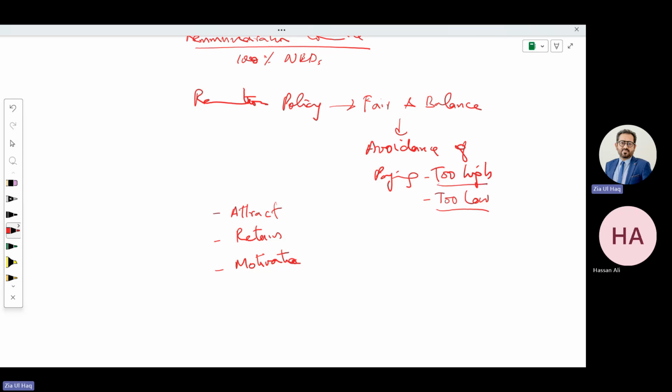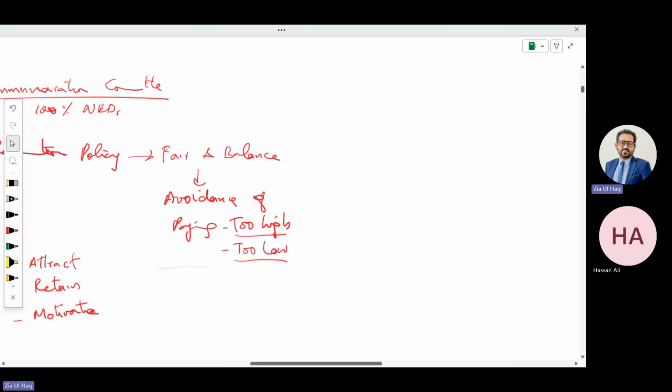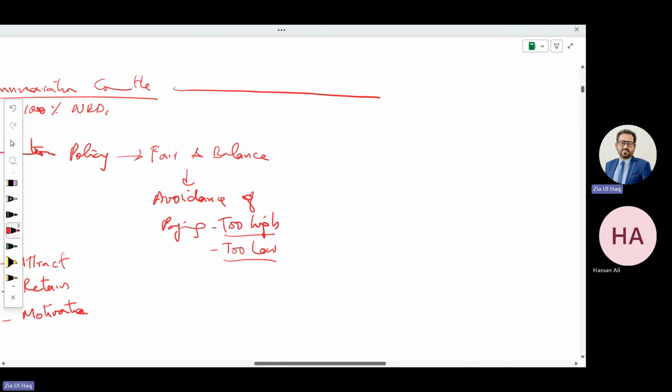Remuneration policy should be a fair and balanced policy. And these are the codes relating to directors' remuneration. When the remuneration committee is setting the remuneration policy, especially for the directors, they need to consider the directors' reward package properly.